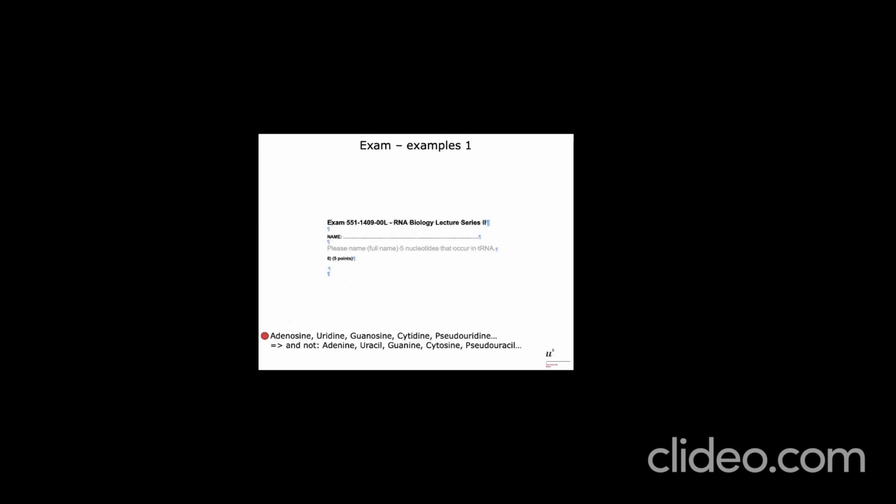And a possible answer, and a very simple answer, would have been adenosine, uridine, guanosine, and cytidine, plus 1 pseudouridine or dihydrouridine we have mentioned a couple of times. But clearly adenine, uracil, guanine, cytosine, or pseudouracil would not be correct answers because these are the names of the nucleobases and not of the nucleotides.